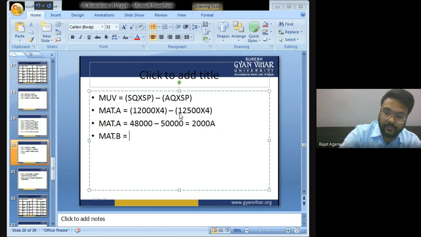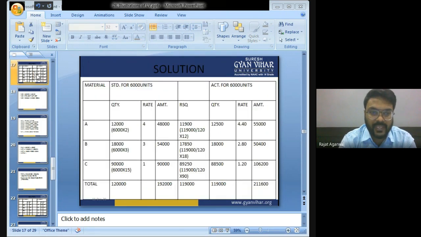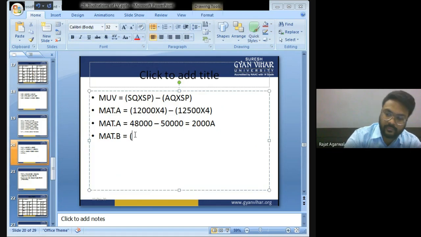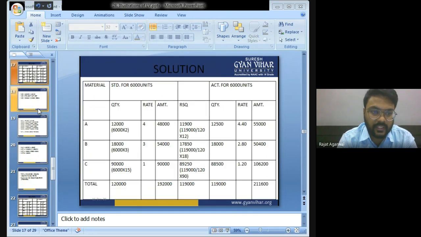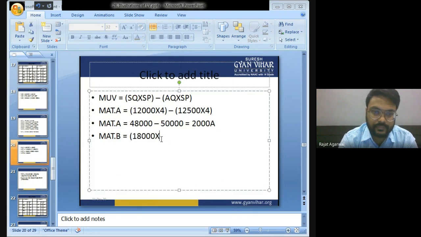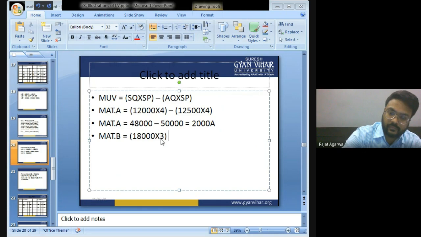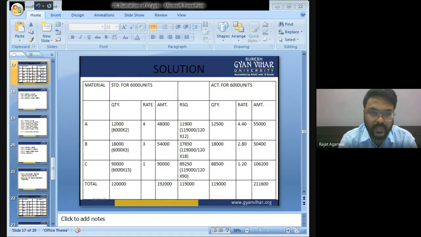Material B. The standard quantity of B is 18,000. Standard price of B is 3. Actual quantity of B is 18,000.